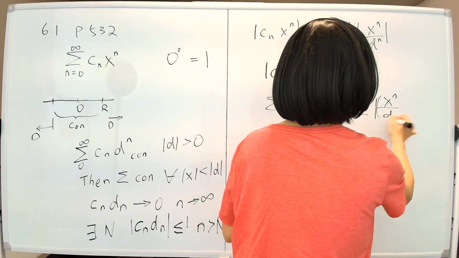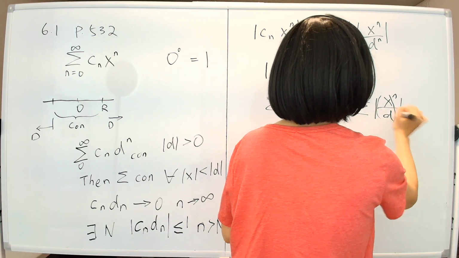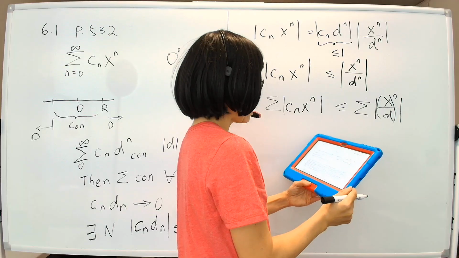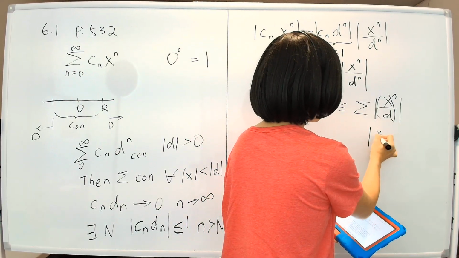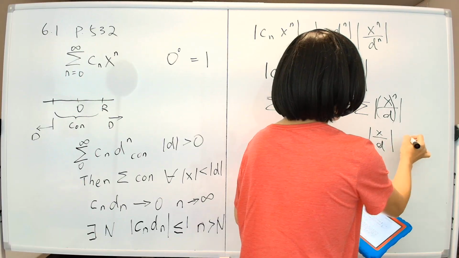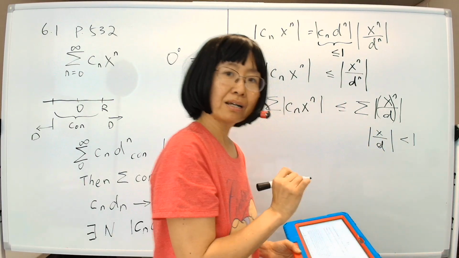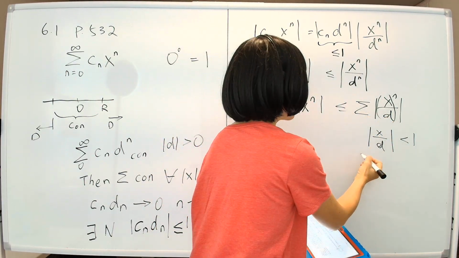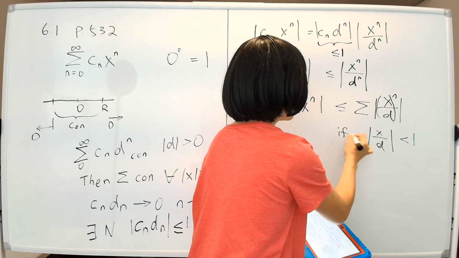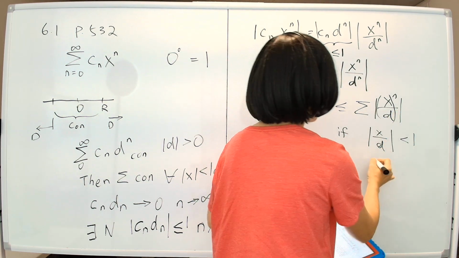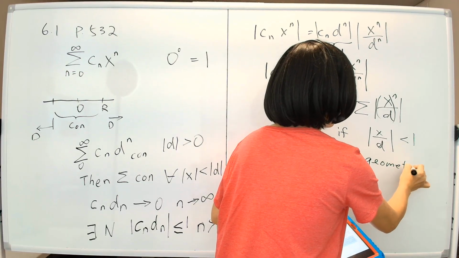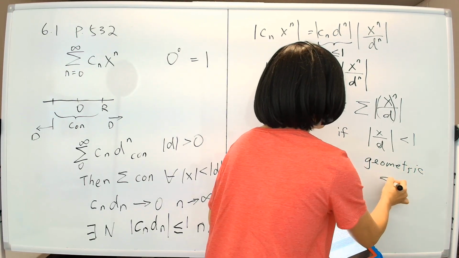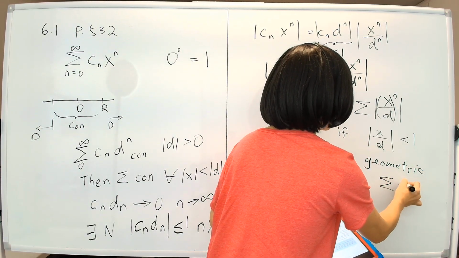We are going to draw it like this, and that's the same thing as here. And if this number right here is less than 1, then this becomes a geometric series, right? If this is less than 1, then that whole thing will become a geometric series, which looks something like this, right?